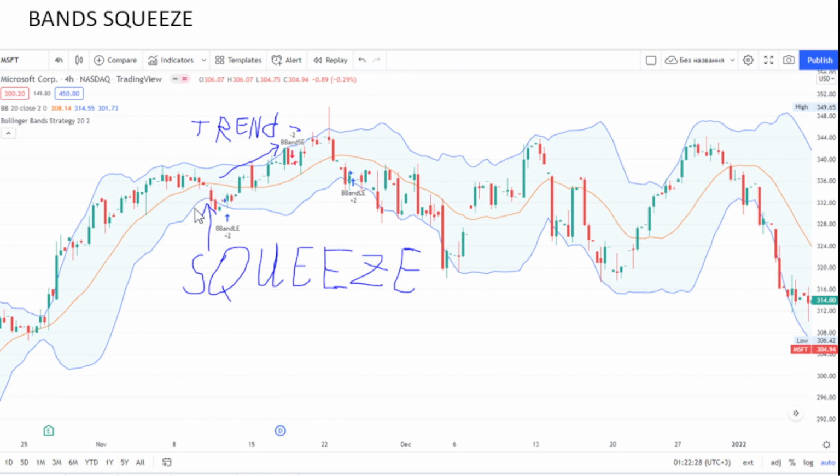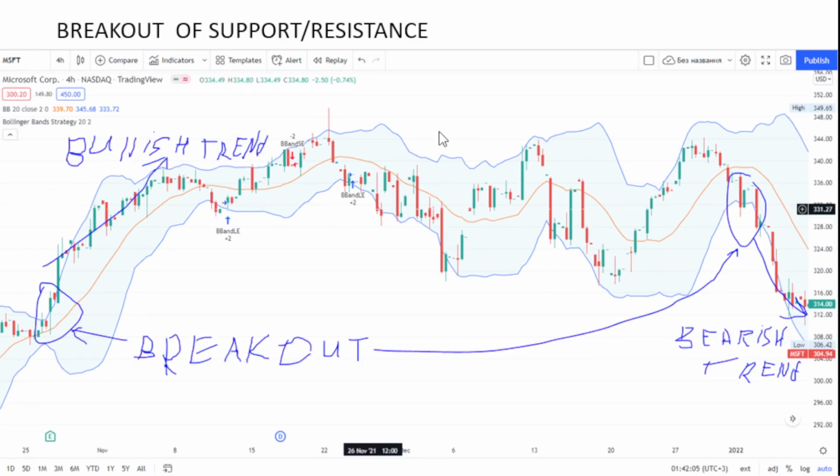They want to change the trend, and that's why we see a squeeze, and after that we see volatility increases, and this cycle repeats again and again. So in this way we can apply the squeeze. Breakout or support and resistance.